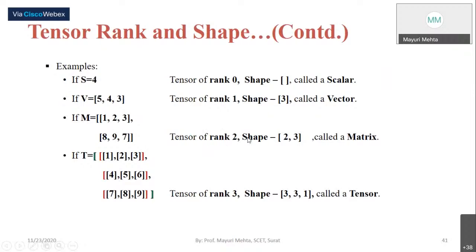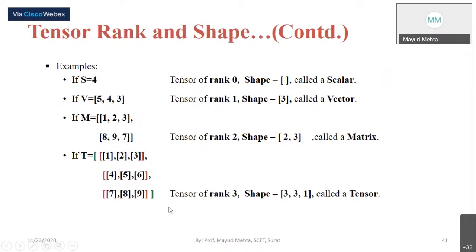For shape, in the outer dimension there are 2 elements, and in each of those there are 3 elements. So the shape of this 2-dimensional array is 2, 3.